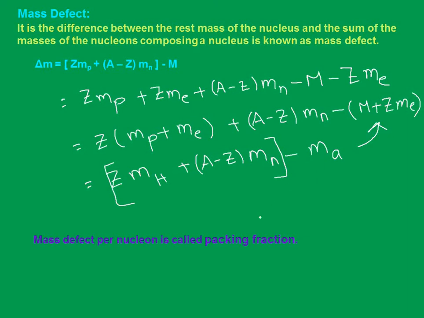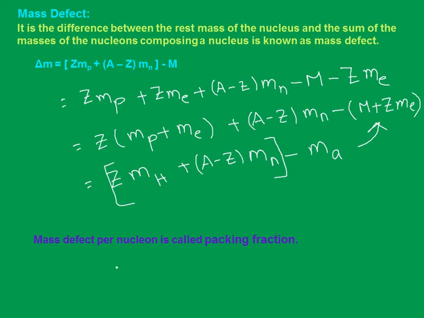Okay. Right. Now coming to one more definition: mass defect per nucleon is called packing fraction. We are already speaking about the mass defect, right? So if you consider this mass defect per nucleon, we call it the packing fraction of a nucleus.